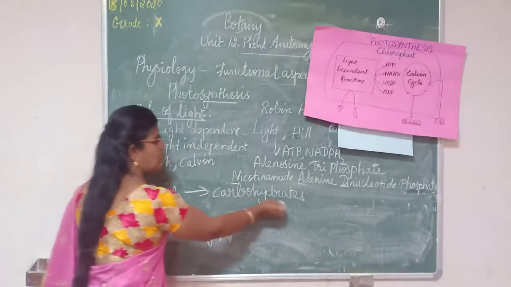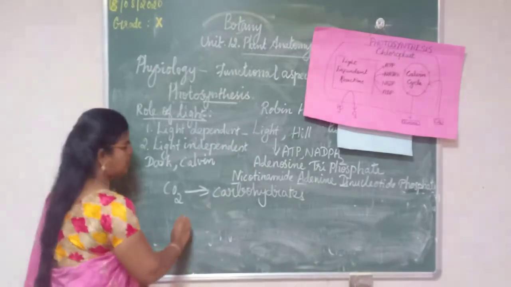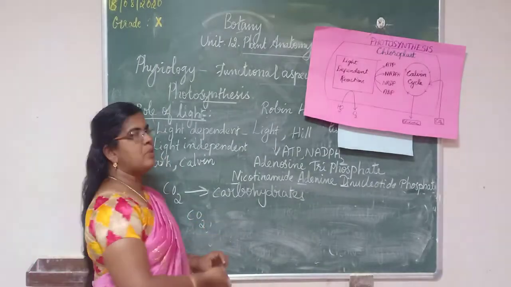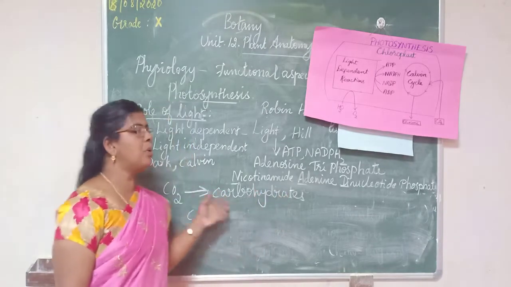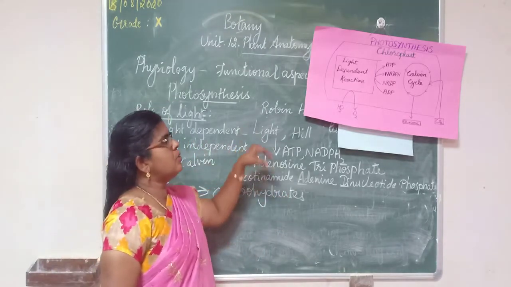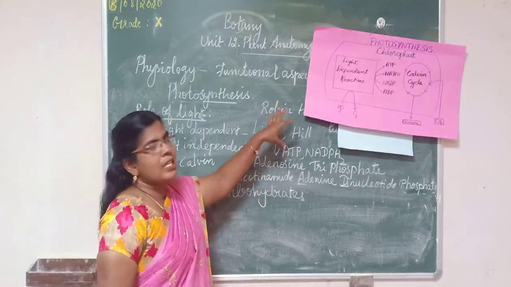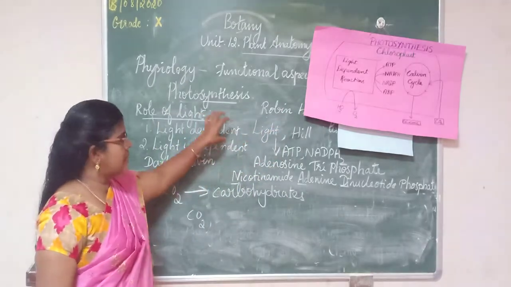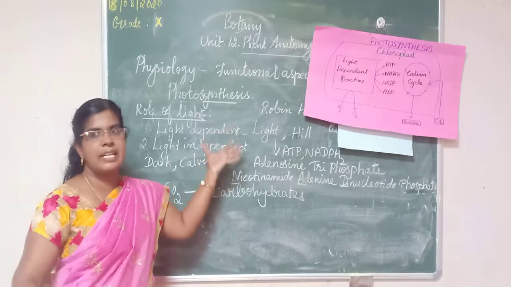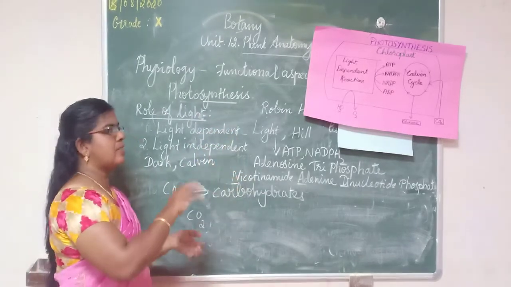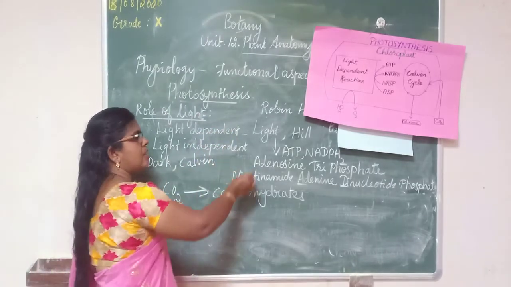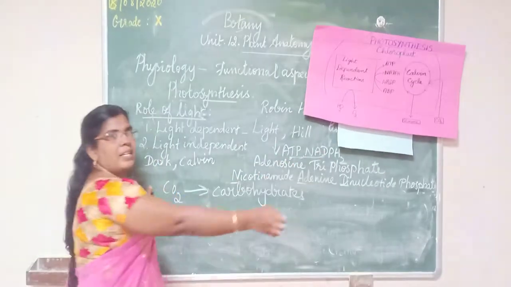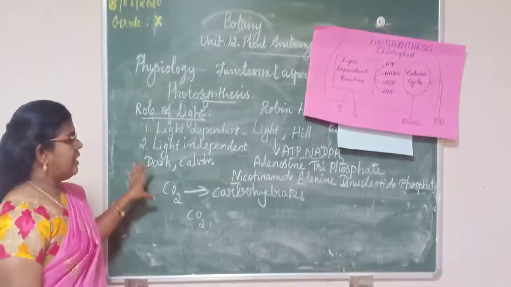So the input of Calvin cycle is CO2, along with the ATP and NADPH2 generated by light reaction.